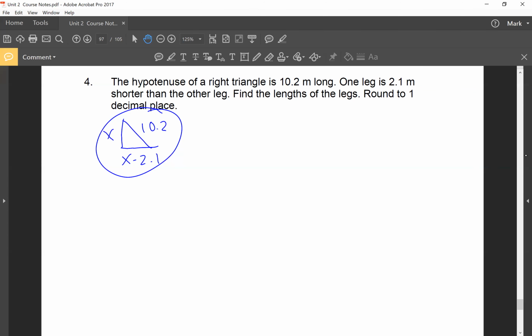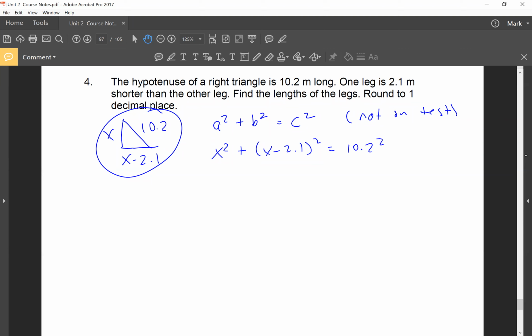The formula for a right triangle is a squared plus b squared equals c squared. This is not on your test, by the way, so you don't need to worry about this. So what I'm going to get is x squared plus x minus 2.1 squared equals 10.2 squared.